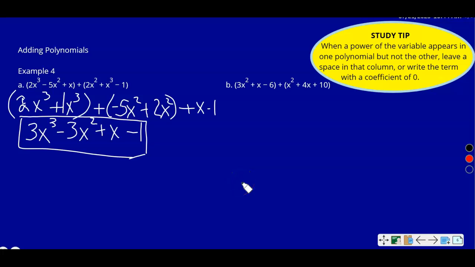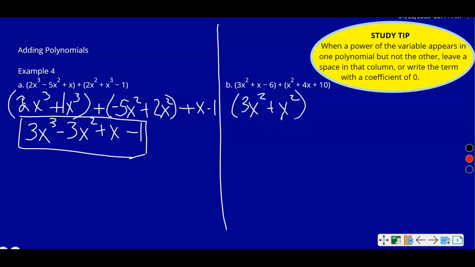All right, let's look at B part. I'm going to draw a line down through here to keep these separated. All right, I have 3x squared plus x minus 6, and I want to add that to x squared plus 4x plus 10. I'm going to start with my x squareds. So I'm going to have 3x squared plus x squared.